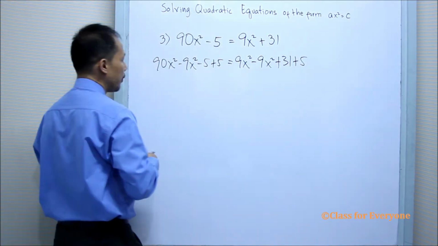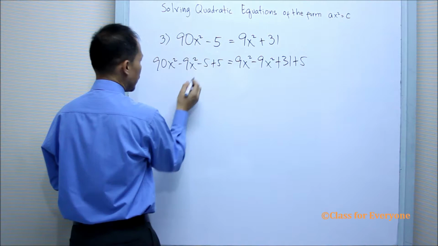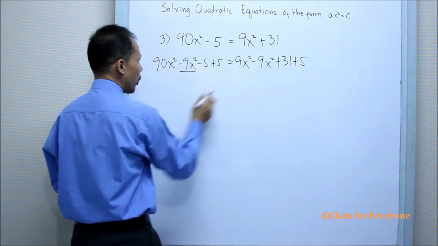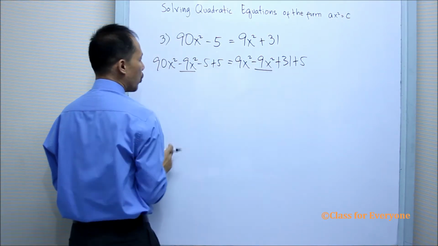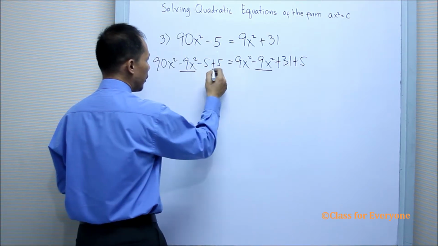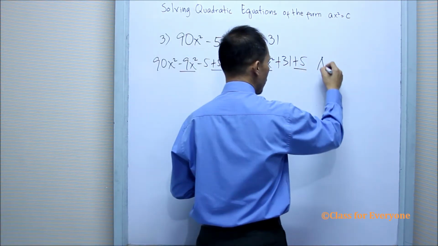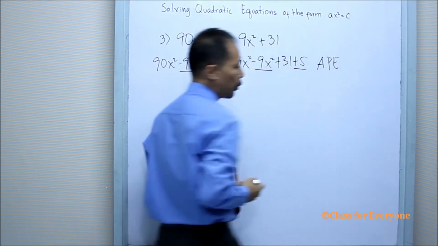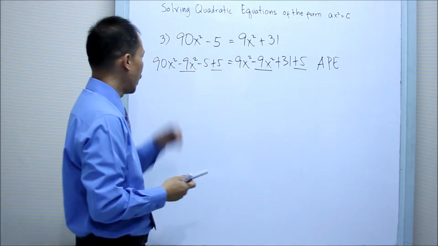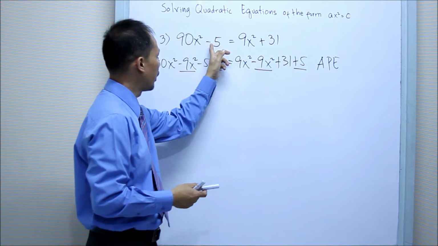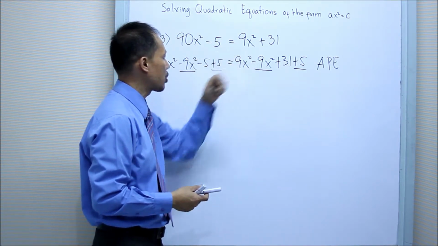Notice that I have added a negative 9x squared on both sides of the equation. I also added positive 5 on both sides of the equation. And that is using the addition property of equality.